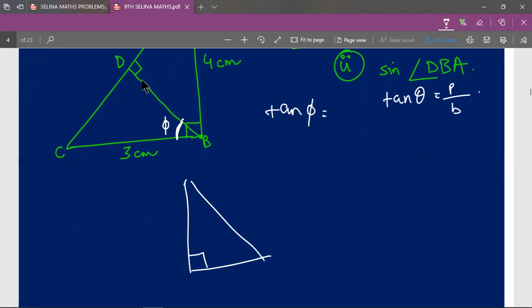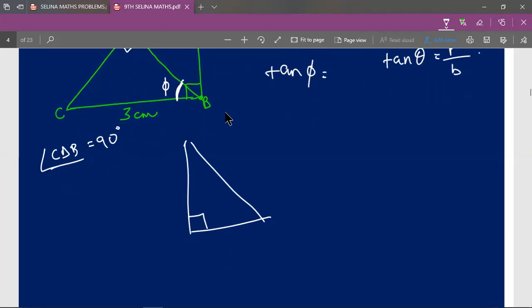This is a 90-degree angle. Angle CDB is equal to 90 degrees. So our phi should be towards the ground.